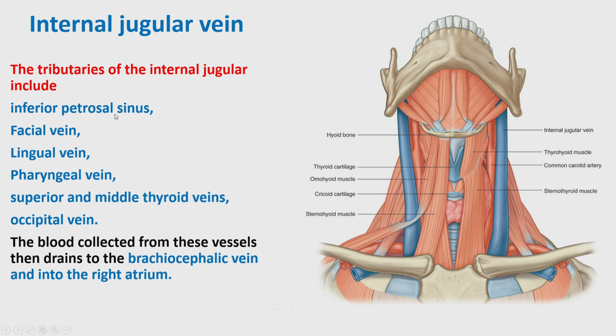The main tributaries: all the sinuses of the dura mater ultimately drain to the internal jugular vein via the inferior petrosal sinus or sigmoid sinus. Facial, lingual, there are variations. Sometimes the facial and lingual join together and make one trunk, and then drain to the internal jugular vein. Pharyngeal, superior, middle thyroid, we are going to discuss this thyroid, occipital vein. So those are the tributaries of the internal jugular vein.